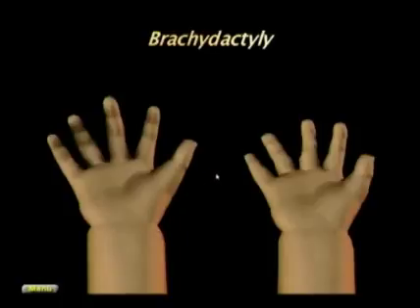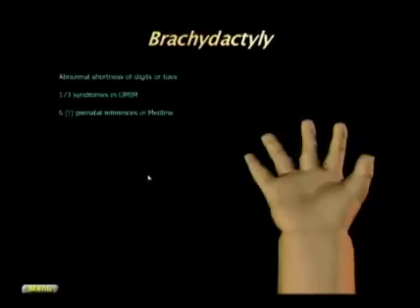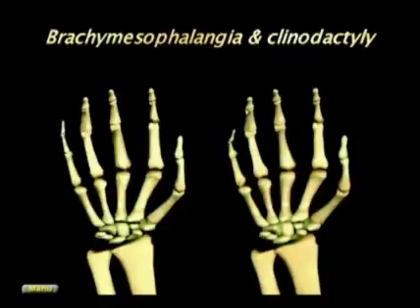Brachydactyly is another condition that has multiple variations. These are short fingers, and there are 173 syndromes, with quite a few prenatal references. One other form is brachymesophalangia of the fifth digit. Here, the phalanx is too small.